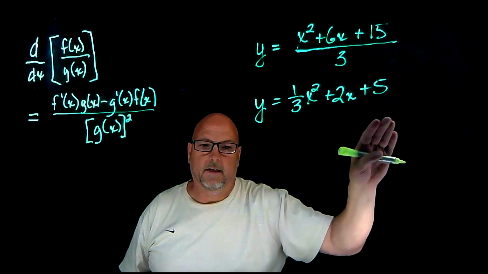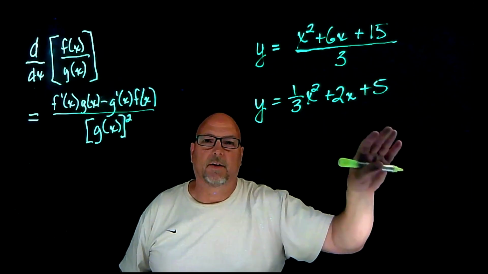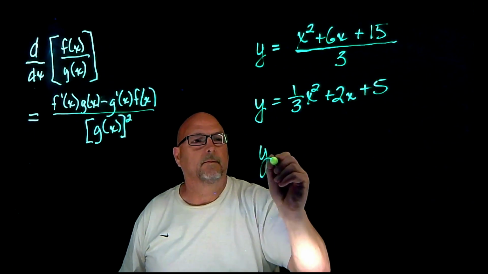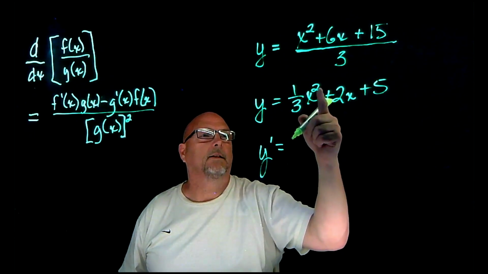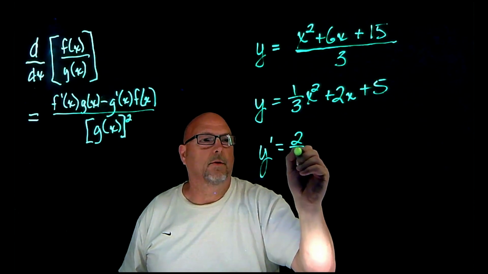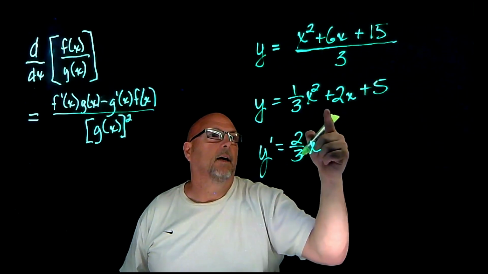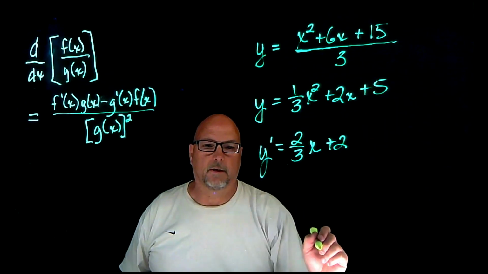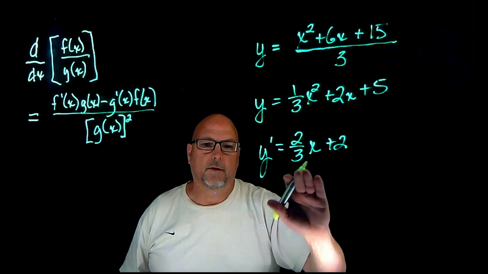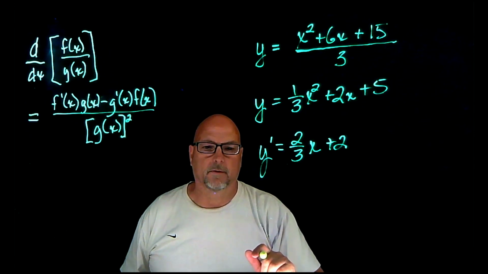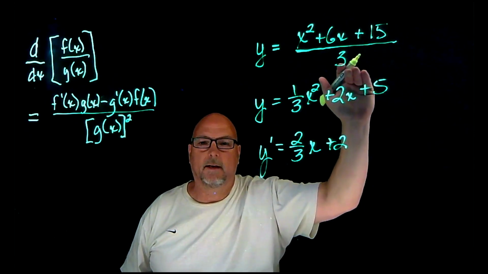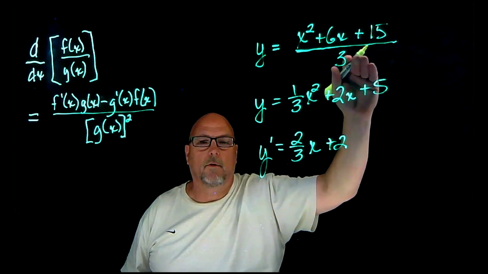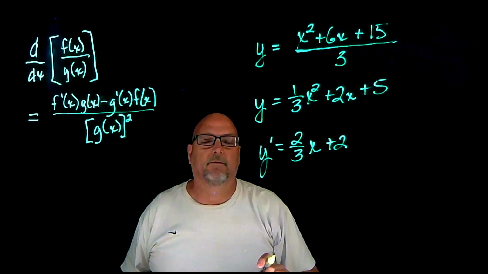By doing this, we can go through term by term and take the derivative that way. Nice and easy. 2 times 1/3 is 2/3 x plus 2, and of course the constant goes to 0. So we would just have 2/3 x plus 2 for this one. Even though it was written as a quotient, you don't always have to use the quotient rule if you don't have to.